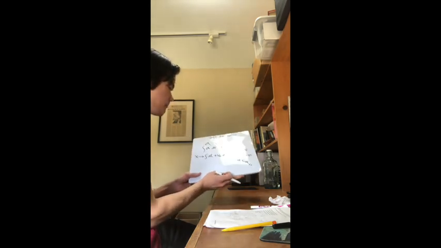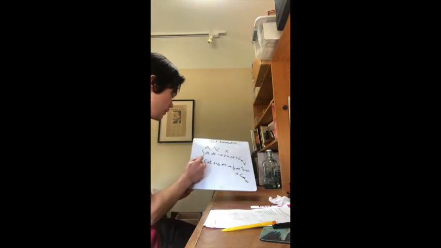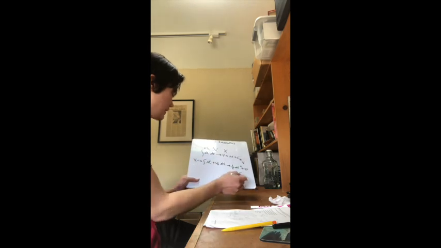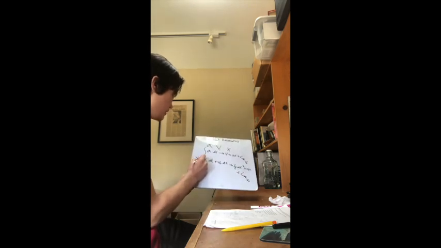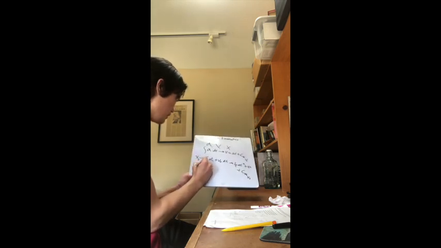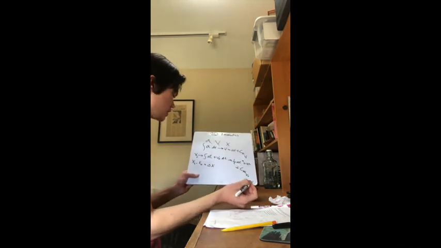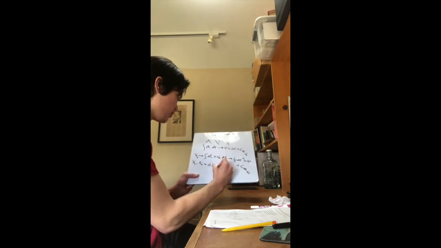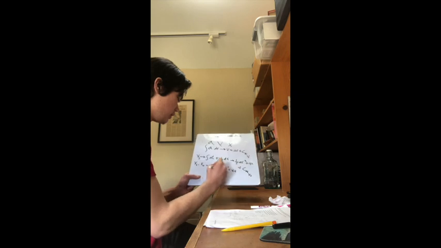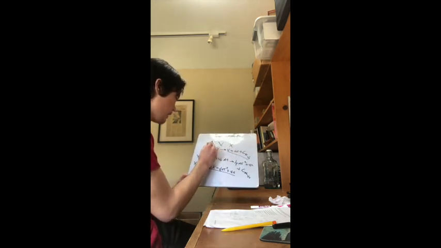Then lastly, if we subtract x initial, the starting point, from x final, we get x final minus x initial, which equals delta x, the change in displacement, equals 1/2 at squared plus v naught t. These are our three equations, and a is just constant.